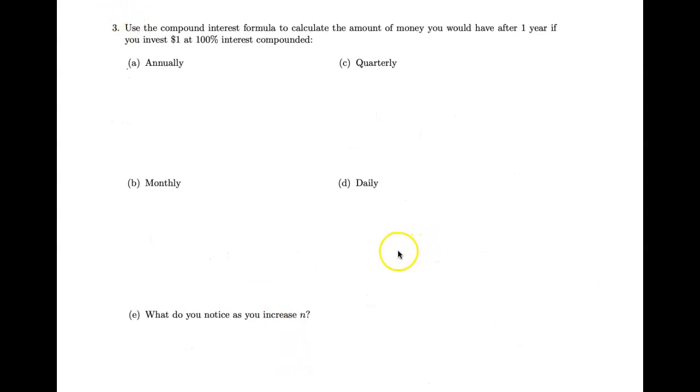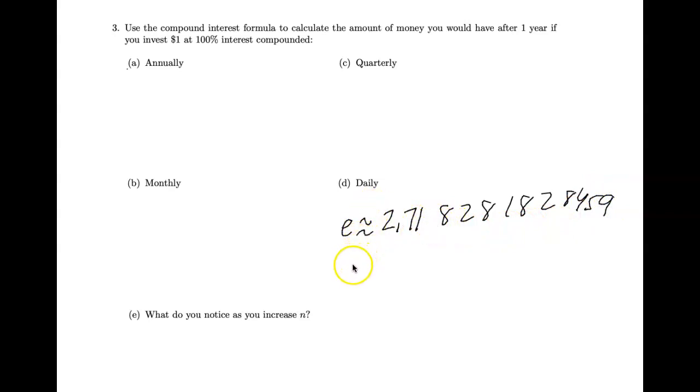What we can realize from all this is the act of compounding without bound is expressed as continuous compounding. Recall that e was approximately 2.718281828459, and based on this example, what we saw is that e is equal to the limit as x goes to infinity of 1 plus 1 over x to the x.